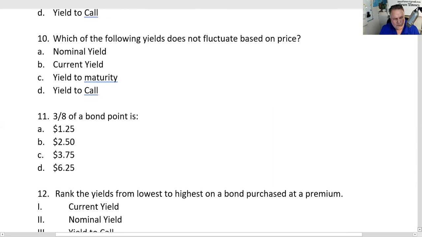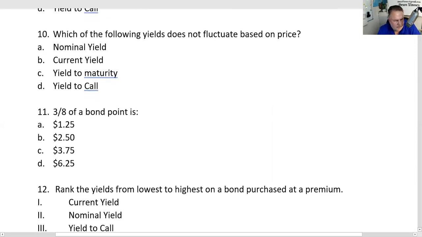I like this one. That nominal yield is the fulcrum on the teeter-totter. The nominal yield is also known as the coupon rate because in the old days, bonds had coupons, and you'd clip the coupon and take it to the paying agent to get your money. So even though we don't have bonds anymore that have coupons, we still refer to that nominal yield as the coupon rate or the fixed or stated rate of return. And the issuer says, we don't care who's got the bonds, we're going to pay them the nominal yield.